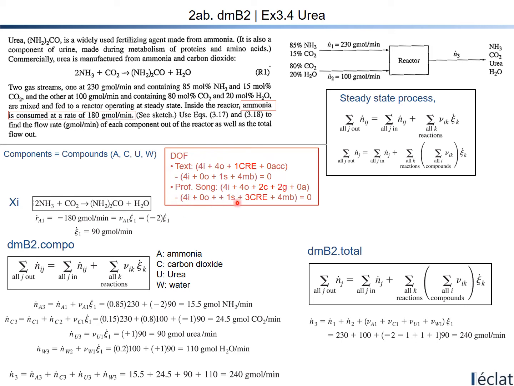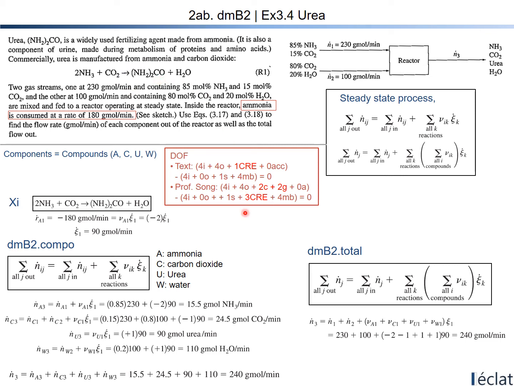4 inputs, 1 system variable, 0 output, and 4 material balance equations, which are the same as in the textbook method. And let me think about the relationship between consumption terms and generation terms. Let's go back to the balanced chemical reaction equation here, and you can find 4 different entities and 4 different stoichiometric coefficients. So we could get 3 independent relationships between the consumption terms and generation terms.